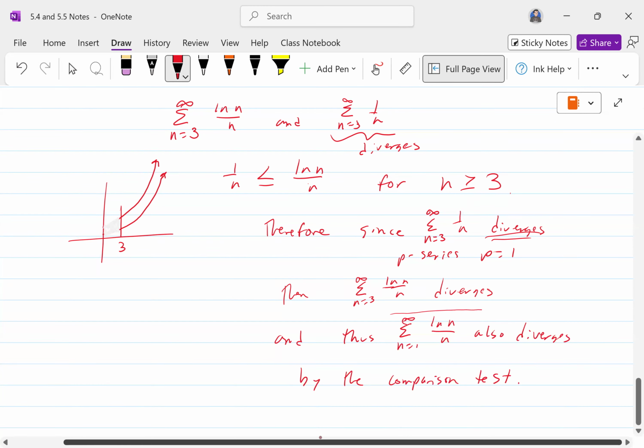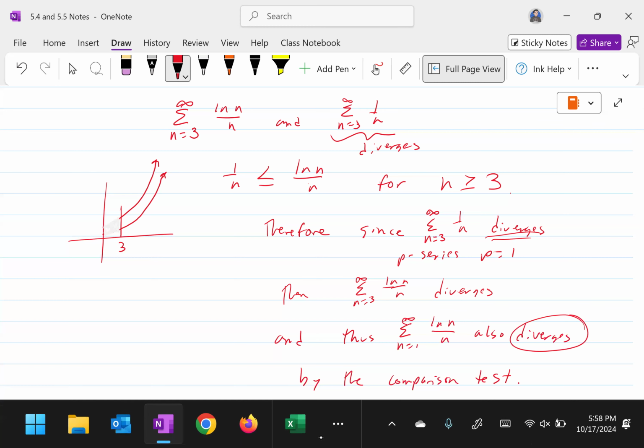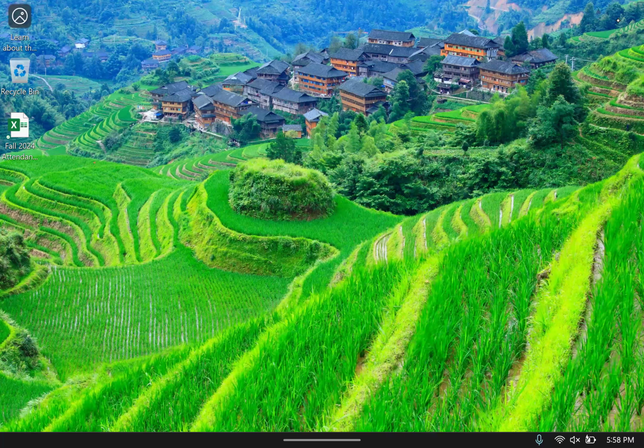So this thing is divergent. And that is 5.4.